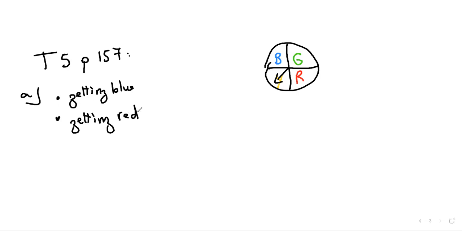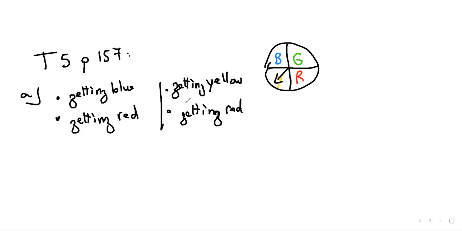These two outcomes are mutually exclusive. Another example: getting yellow and getting red as well. These two are also mutually exclusive. So this is for A.